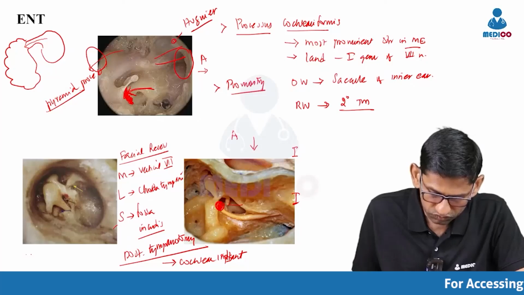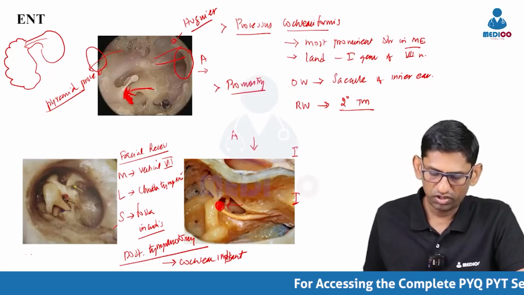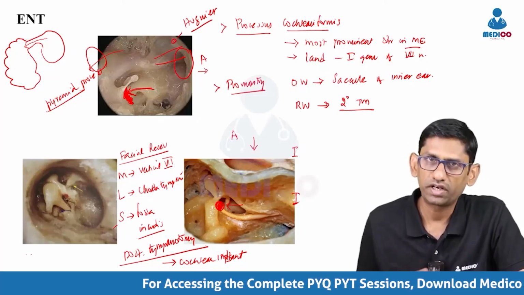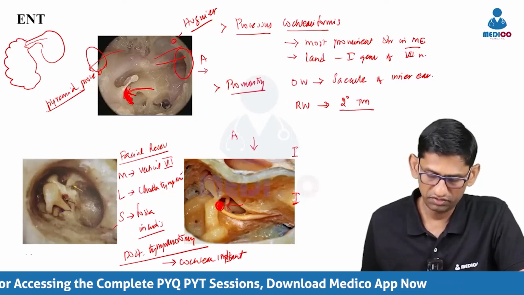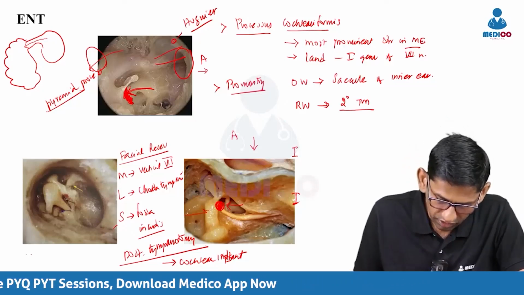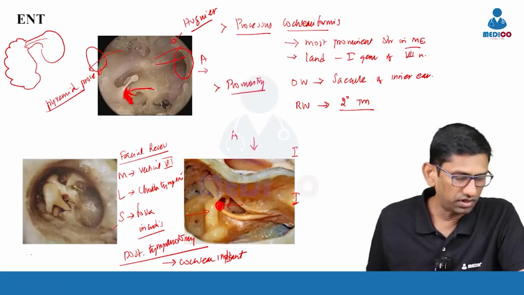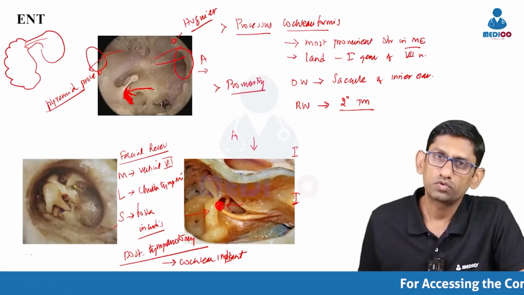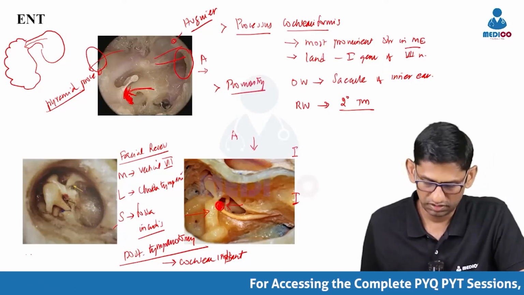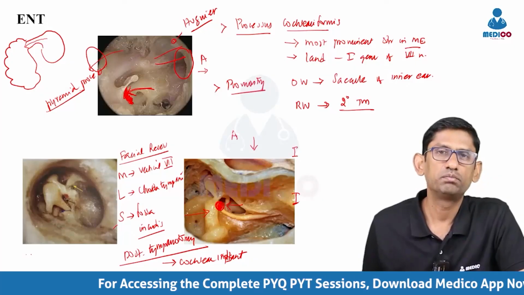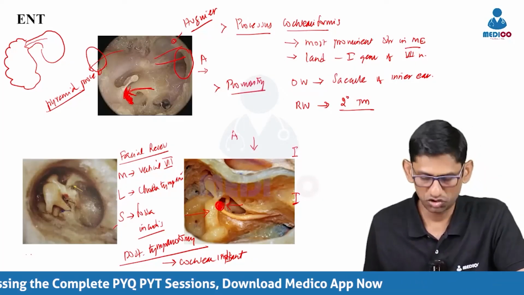The oval window is lying anteroinferior to the second genu. And the dome of the lateral semicircular canal is posterosuperior to the second genu.